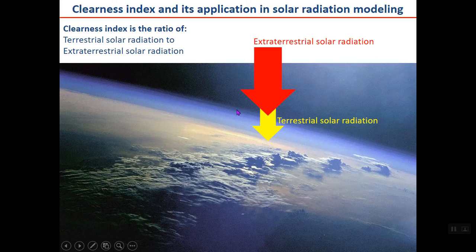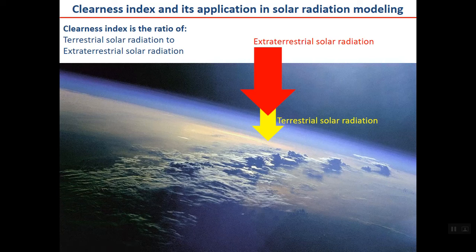You can simply say that the value is less than 1 because terrestrial solar radiation is less than the extraterrestrial radiation, because part of the solar radiation is decreased due to the atmosphere. You may remember that there are two mechanisms, absorption and scattering, and we discussed them last week.